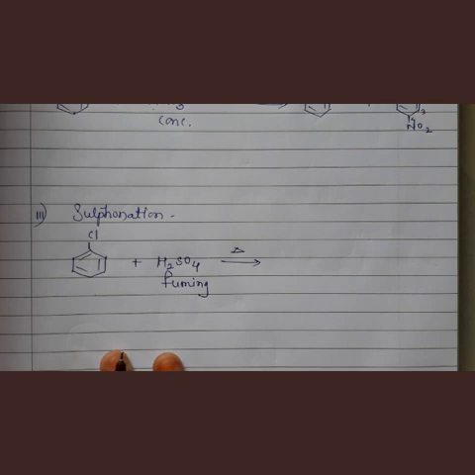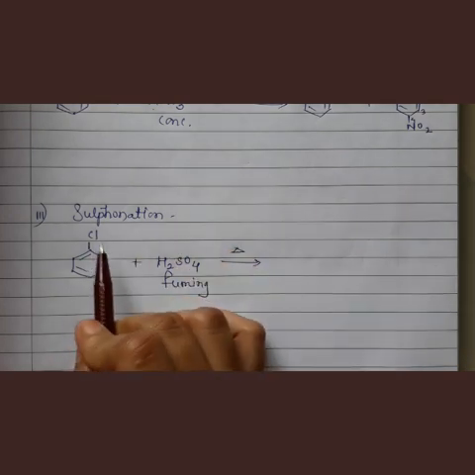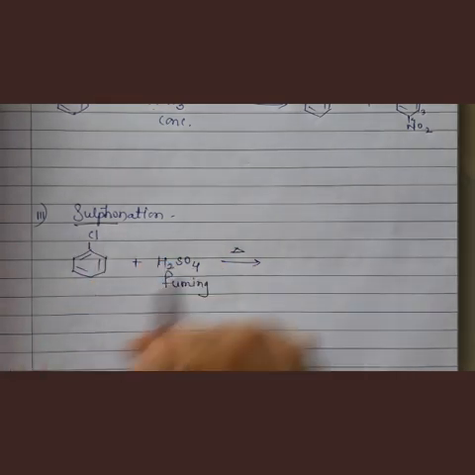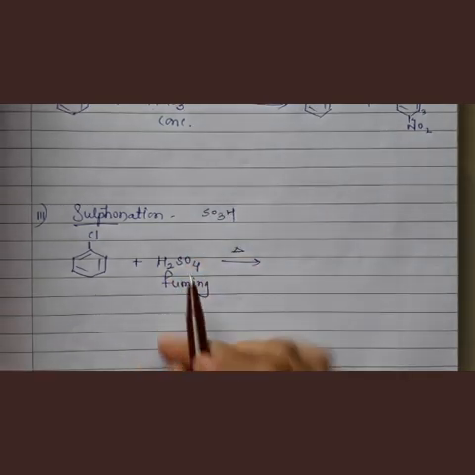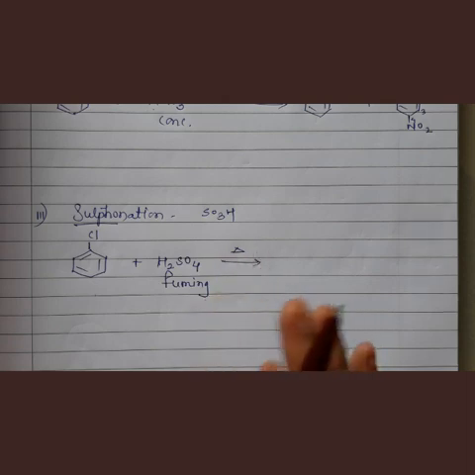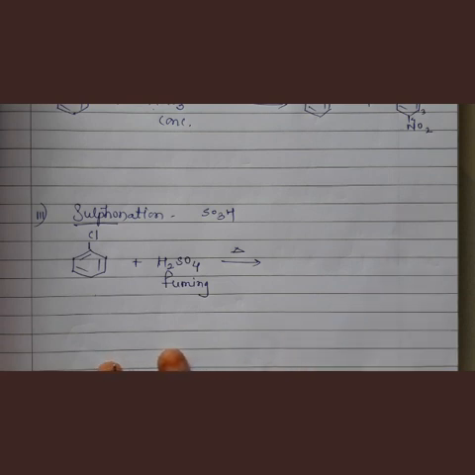Okay, so see, sulfonation means addition of sulfonyl group. Okay, sulfonyl group means what? SO3H. And for this reaction we use concentrated fuming H2SO4, fuming sulfuric acid. Understand? Highly concentrated. Okay, now see what happened over here.